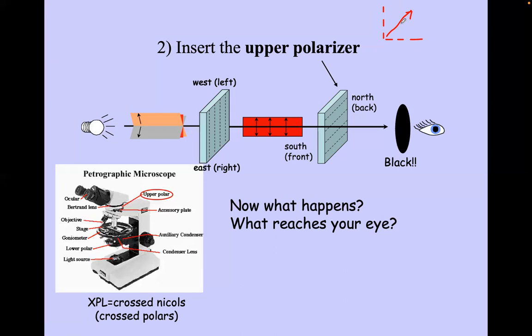If you want to resolve this light into these two directions, say you consider this as east west, and this direction should be north south. So I am now just reminding you of some science.